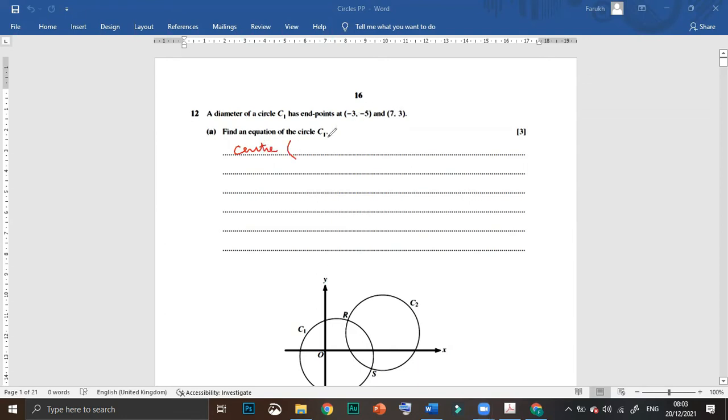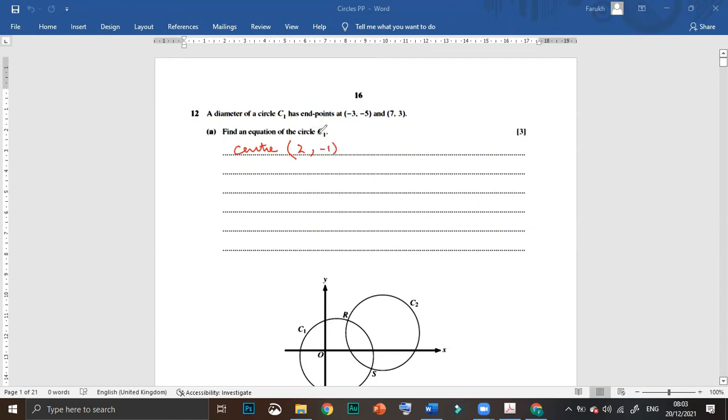-3 plus 7 is 4, divided by 2 is 2. And -5 plus 3 is -2, divided by 2 is -1. This one is the center.